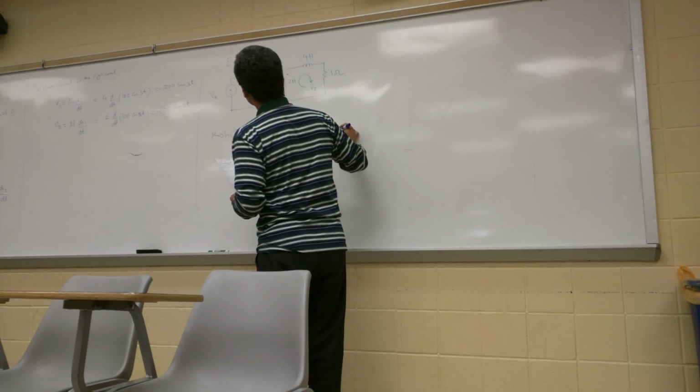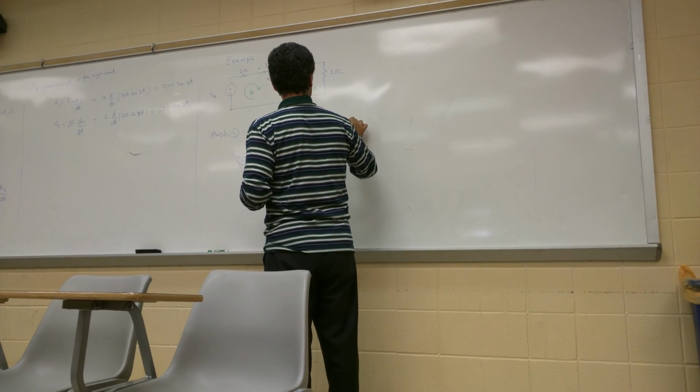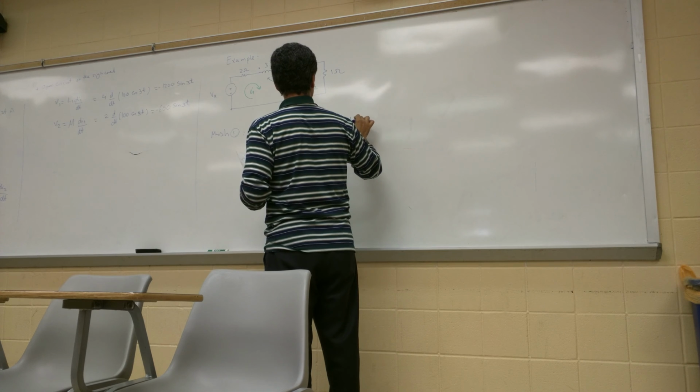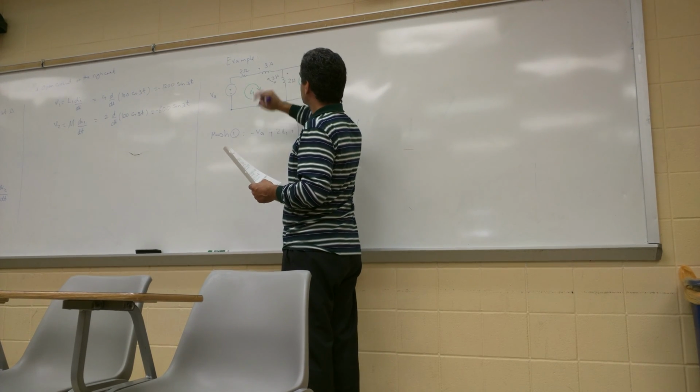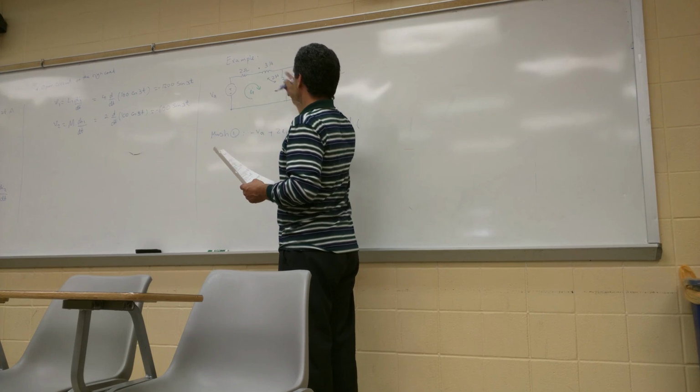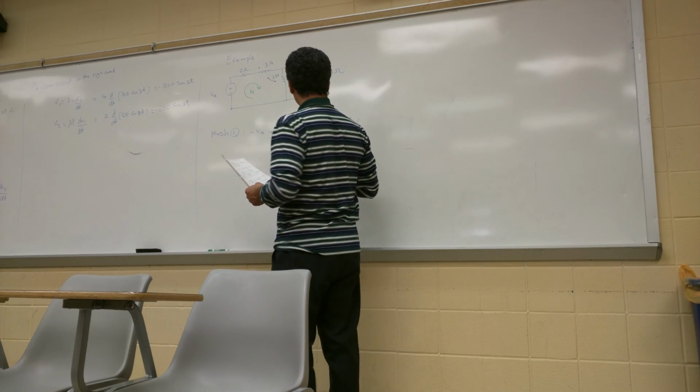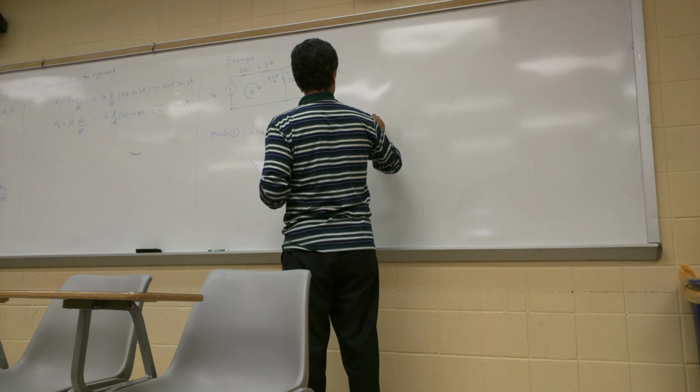M is given as 2, d over dt. Now, what is the current that goes to the other one from the dotted point? It's I1 minus I2, right? So I have to put I1 minus I2 here.